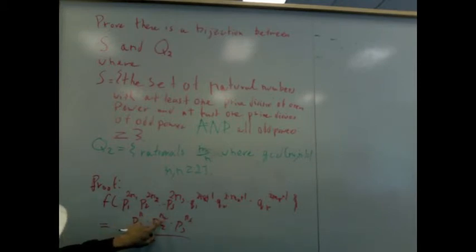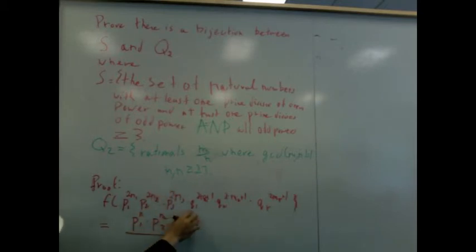Each of these n1, n2, n3, because they're divisors, has to be at least 1, but it can be any positive integer. So that explains the first proviso.